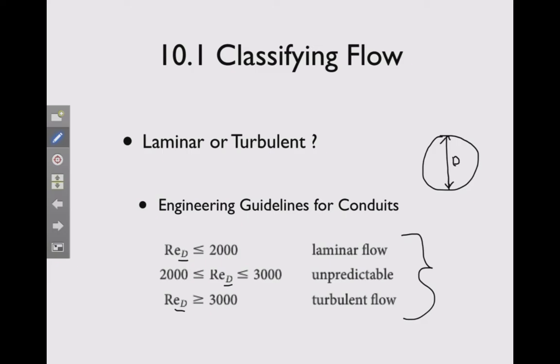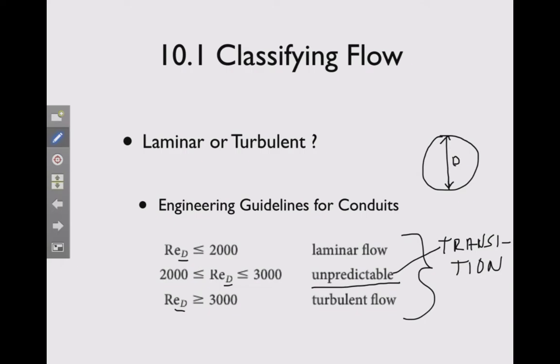Very simple limits: if the Reynolds number for the conduit is less than or equal to 2,000, we have laminar flow. If it's between 2,000 and 3,000, it's unpredictable, and you should remember that this is the transition region, where we're going between laminar and turbulent flow. When the Reynolds number is greater than 3,000, we have turbulent flow.